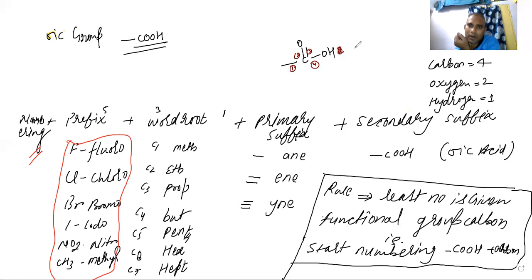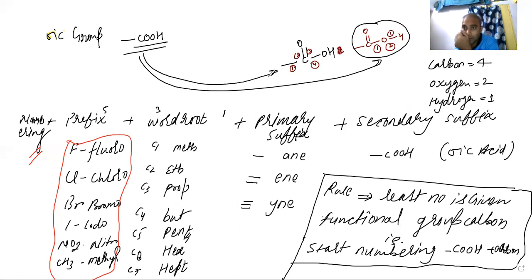I am making the diagram again: C double bond O, then OH. So oxygen has how many? This is 1, this is 2. And hydrogen has 1. So are you able to understand the bonding here? Yes, sir. So this is the structure of COOH. This you need to memorize.